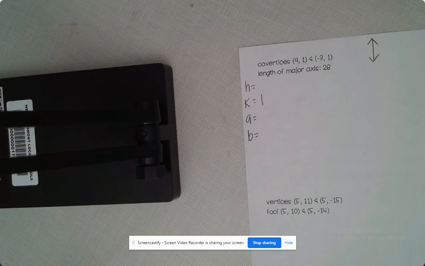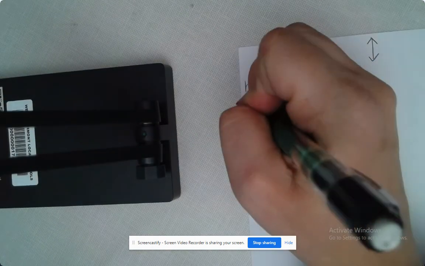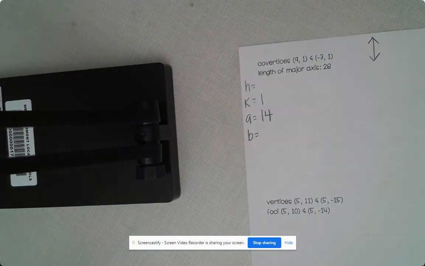Okay? What else can I find just off that information? You can find A. How? Divided by 2 because it's your length. It's 2A equals 28, so A is 14. Now, what else would you need to find first? Yep. What must you find next?